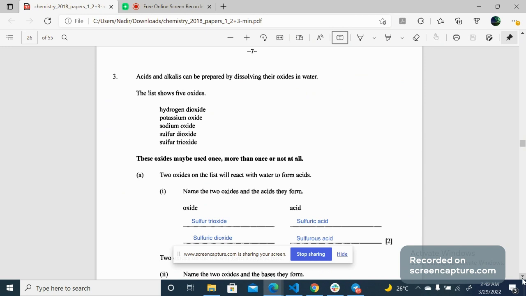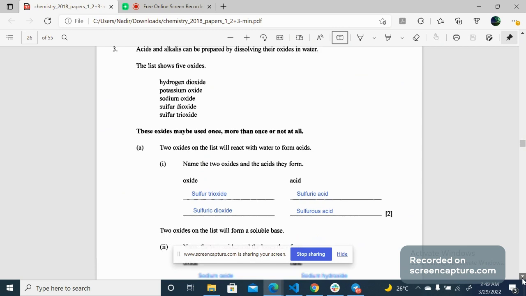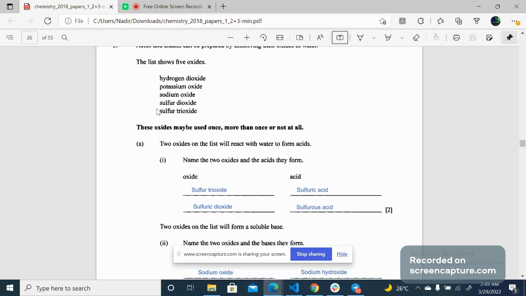They do this when they react with water. There are two oxides in the list of five that, when they react with water, form acids, and these are the last two.